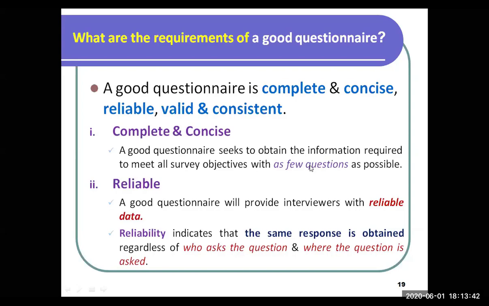The second criterion is that the questionnaire must also be reliable. Reliability is the first part, for which the software has a means to check reliability statistics by checking the Cronbach's alpha test result. Reliability means the same response must be obtained regardless of who asked the questions or where the question is asked.